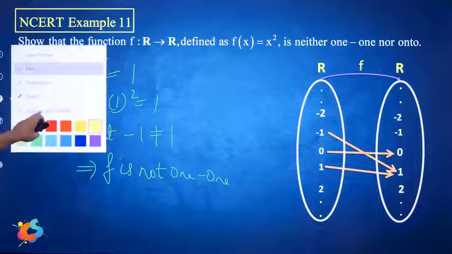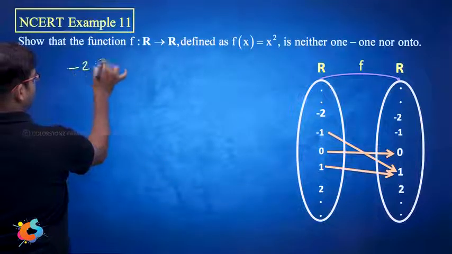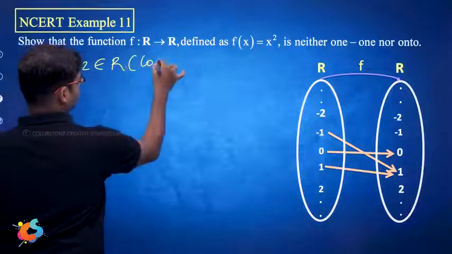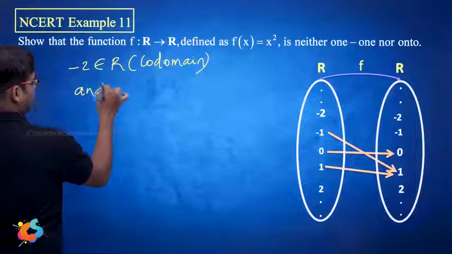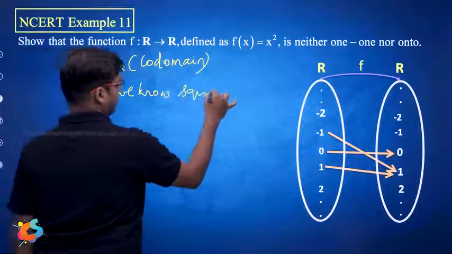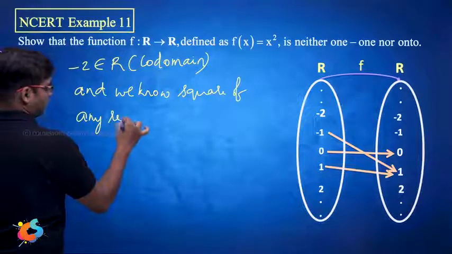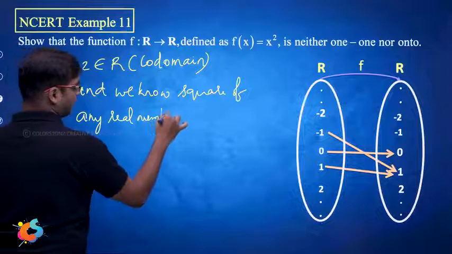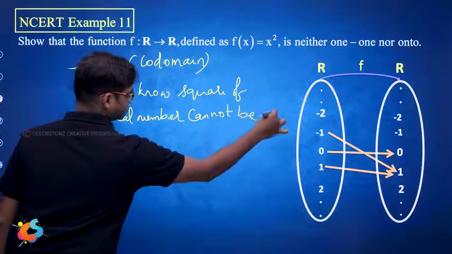And is it an onto function? No. You just have to write the same thing. -2 belongs to R, which is our codomain, and we know the square of any real number cannot be -2.